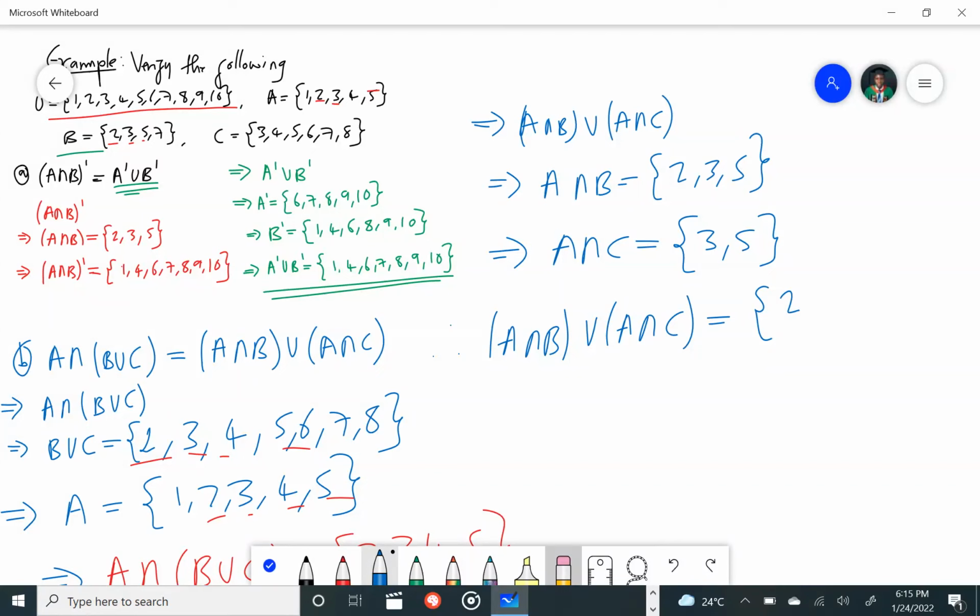So there should be 4 here. Sorry about that. So it should be 3, 4, and 5. Those are the common ones. So you can see here there is 3 there, there is 4 there, and there is 5 there. So it's going to be 2, 3, 4, 5.